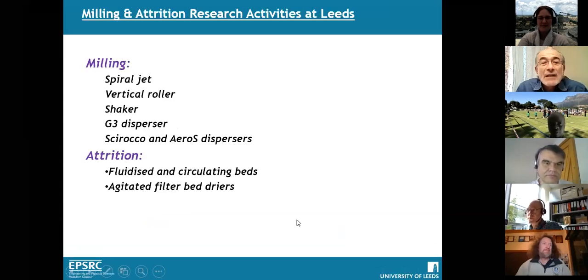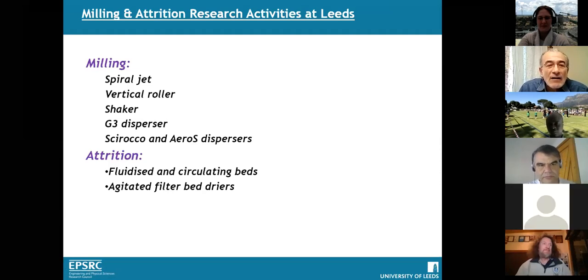Just to say a little bit about activities at Leeds, we can classify them into two areas, milling and attrition. In the milling area, we have activities in spiral jet, vertical roller mills, shaker mills, GS3 disperser, and Sirocco and Eros S disperser. These are dispersers which are used for particle size analysis, and we have converted them to particle breakability testing.